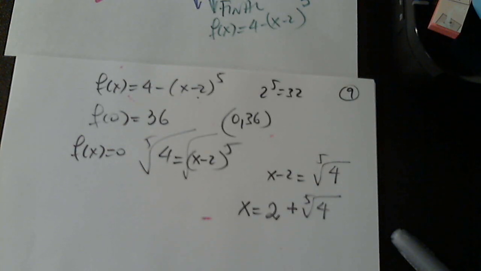Now I know that I have to go as far up as 36 and past. So the window can start at -4 if you want, with a maximum of 6 and a scale of 1.